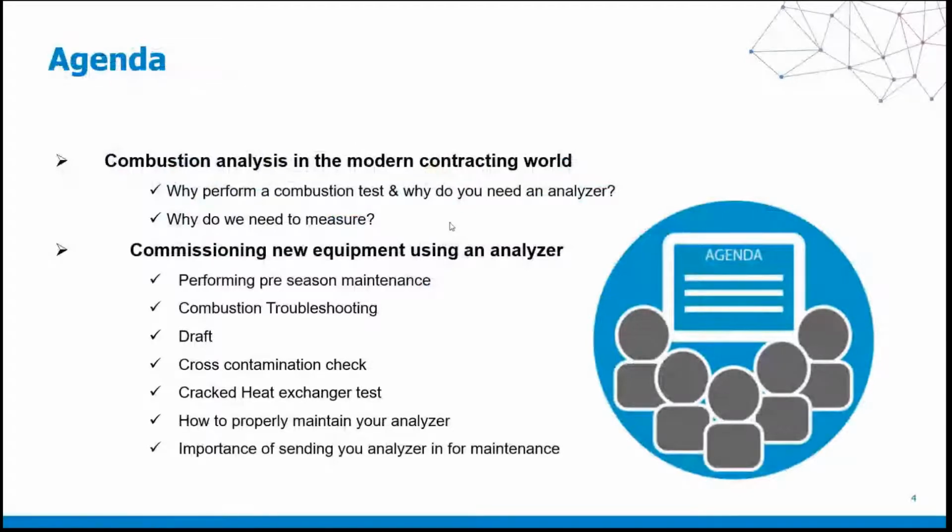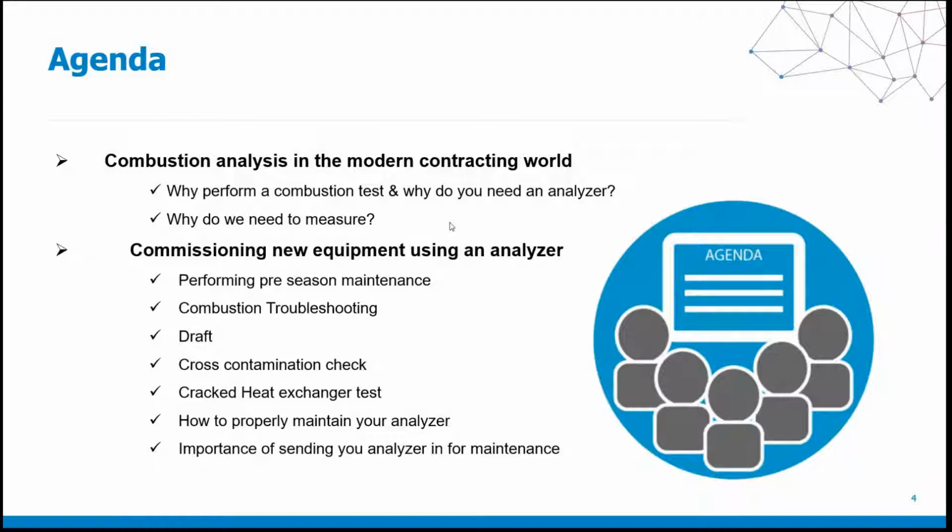Some of the things we're going to go over today are combustion analysis in the modern contracting world. We want to go over why perform a combustion test and why you even need to use an analyzer. We're going to go over the importance of measuring. We're going to touch upon commissioning a new piece of equipment. A lot of you don't think that you need to use a combustion analyzer on a new piece of equipment, and you do.